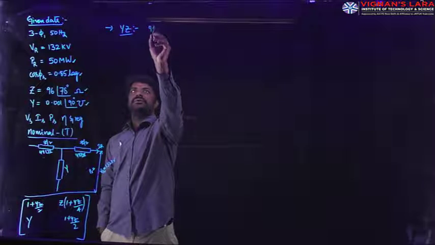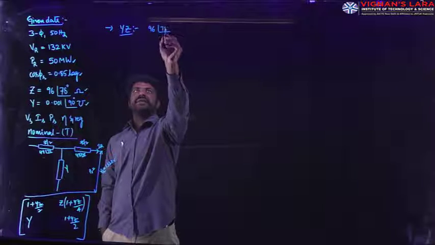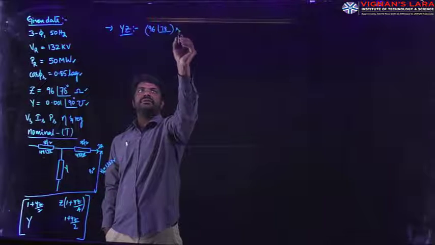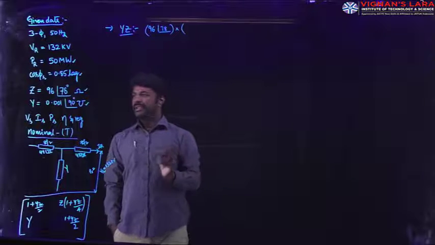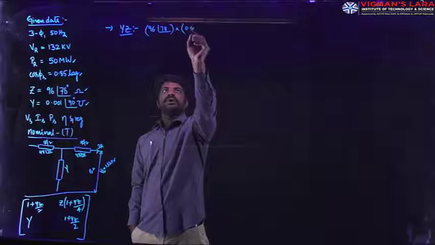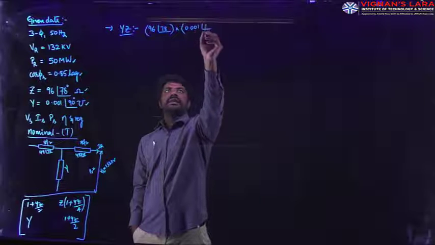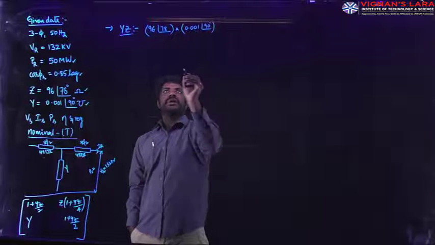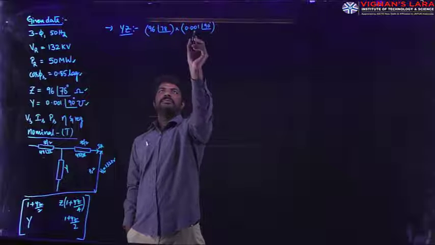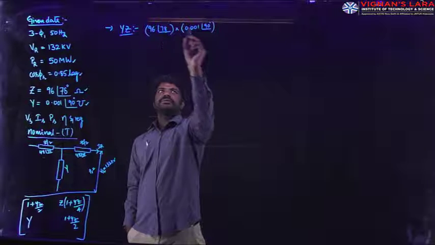It is equal to 96 at an angle 78, to be multiplied with the Y value 0.001 at an angle 90 degrees. What are the product rules? Magnitudes are to be multiplied and angles are to be added.